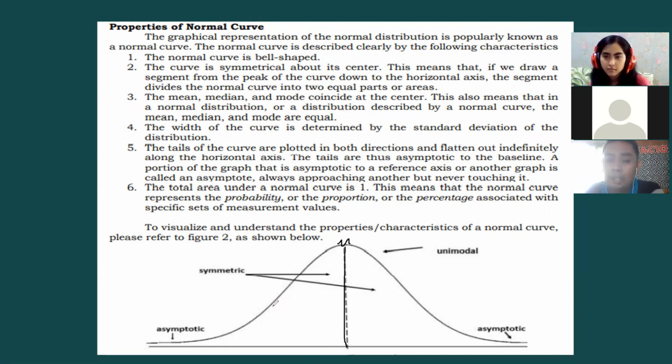Okay? Ngayon, the tails of the curve are plotted in both directions and plotted independently to the horizontal axis. So this is our horizontal axis. Papalapit siya sa horizontal axis. But please take note that it is asymptotic. Ibig sabihin, when you talk about asymptotic, it is a situation that it gets closer and closer, but this will never meet.